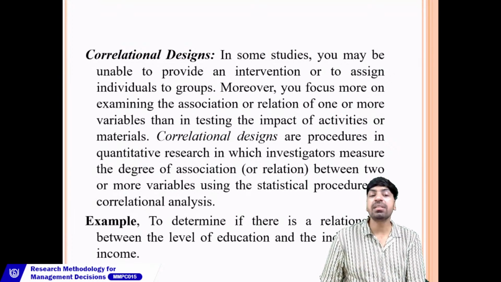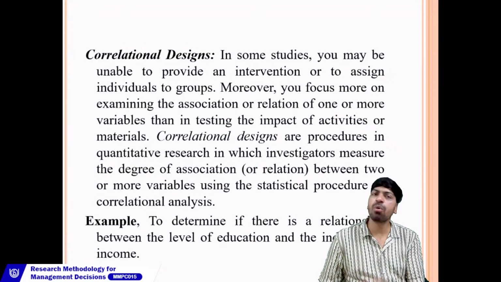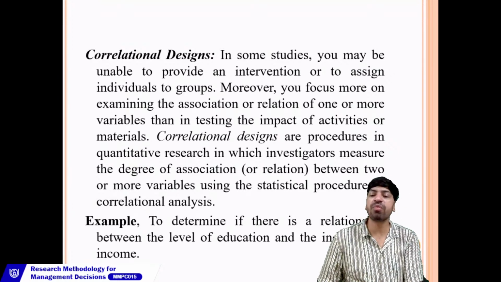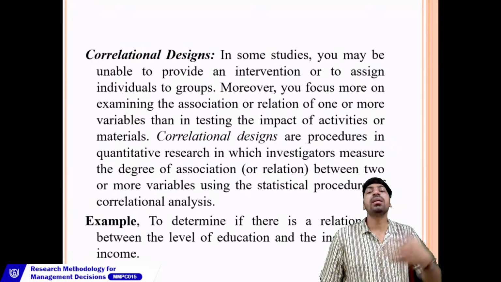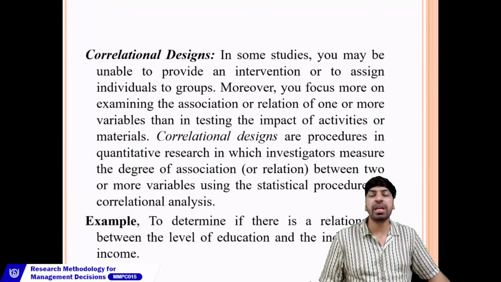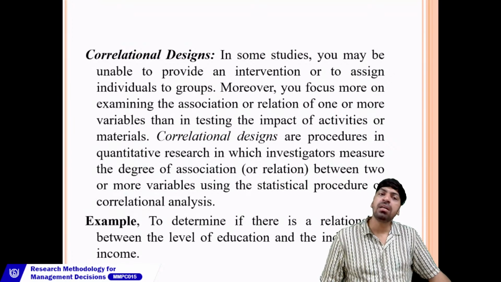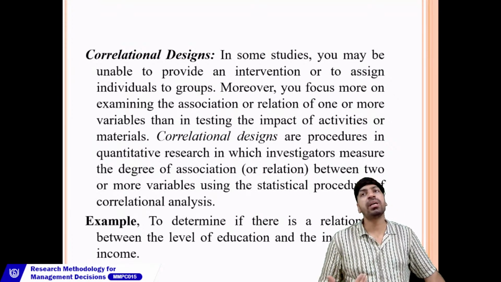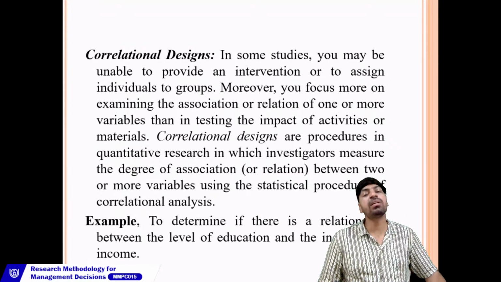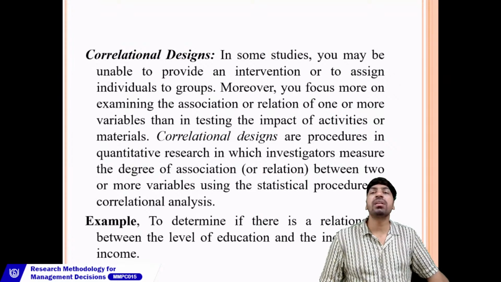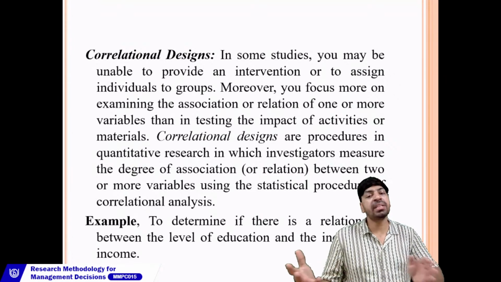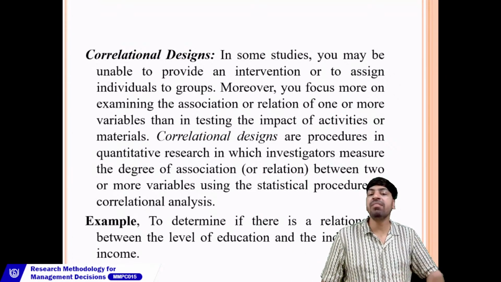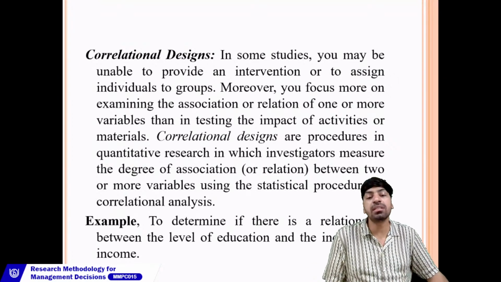Correlational designs are procedures in quantitative research where the investigator measures the degree of association or relation between two or more variables using a statistical tool. It could be the Karl Pearson correlation, the Spearman rank correlation, the t-test, or the f-test; these are called statistical tools.